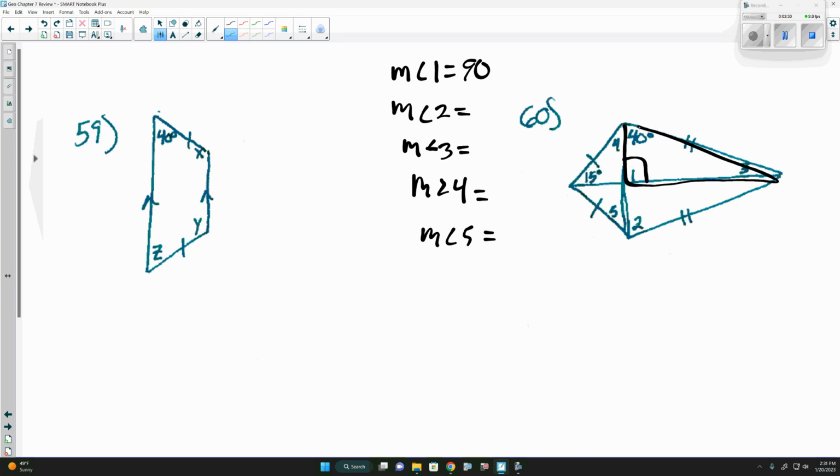Those 3 angles will add together to be 180, because 90 plus 40 plus x is going to equal 180. 90 plus 40 is 130. Minus 130 from both sides tells us x is equal to 50. So the measure of angle 3 is 50 degrees.